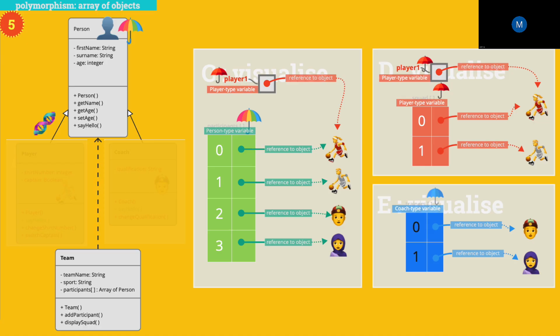I'm just looking at the player type variables, the little red and green boxes. Person type variables are all in green, player type variables all in red, and coach type variables all in blue. So they can only hold references of their native type. Okay.